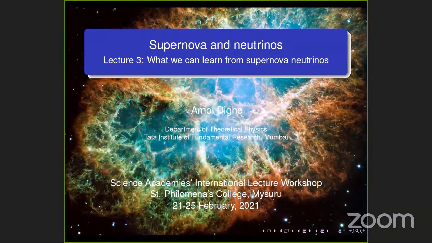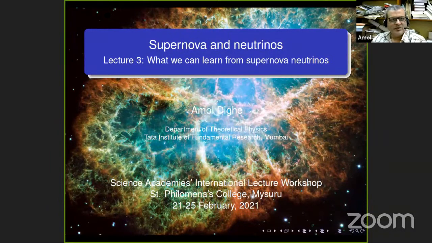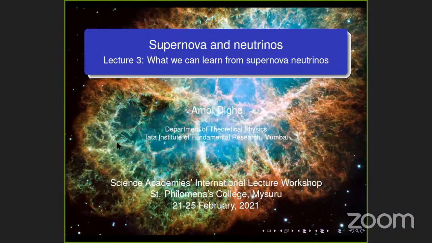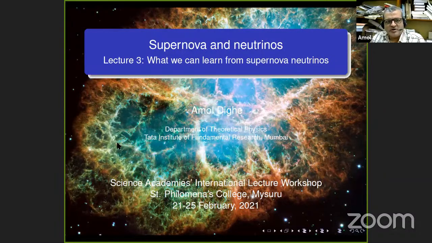Okay, so let me start. This is our third lecture together. In the first lecture, we saw some introduction to how a supernova explodes and how neutrinos come out, and their properties.